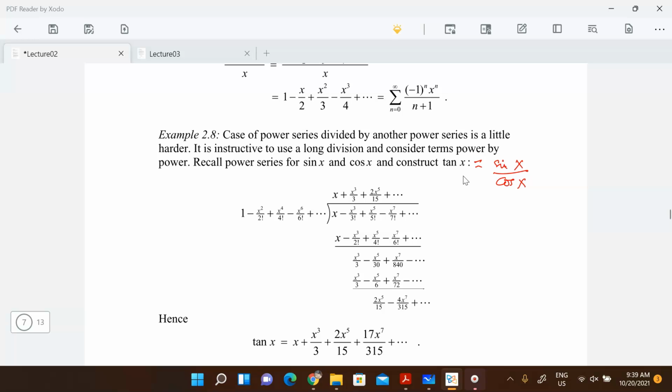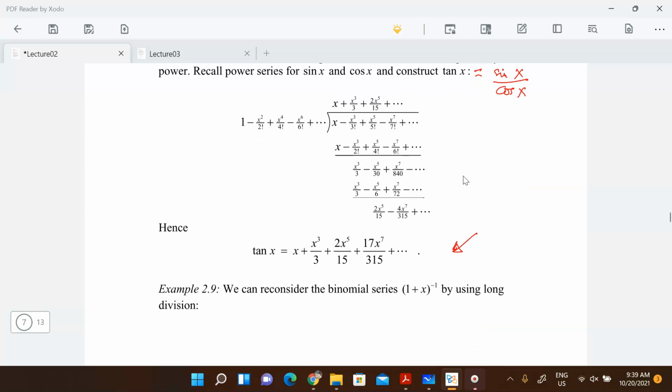Finally, if you do it properly, you should be able to get this power series expansion for tangent x. This one is a little bit difficult to memorize, but again, it is a familiar trigonometric function that you often use in physics.